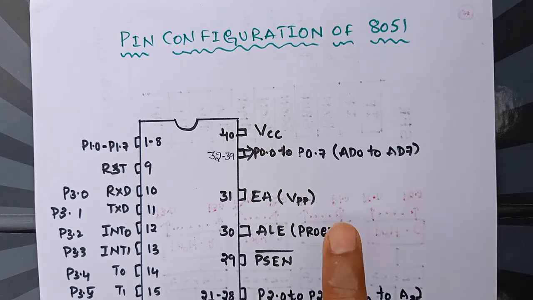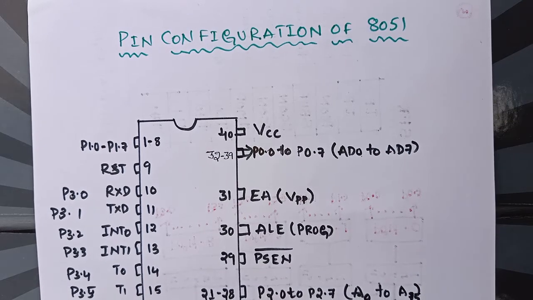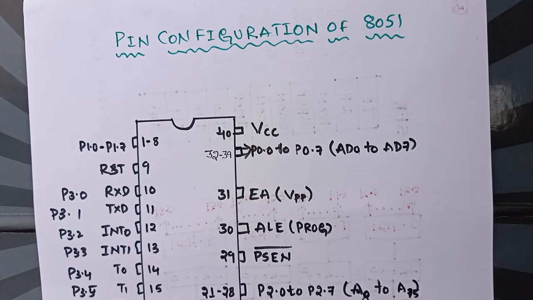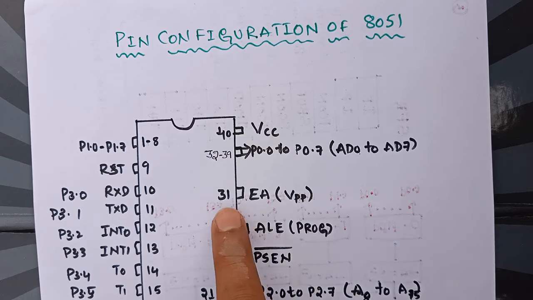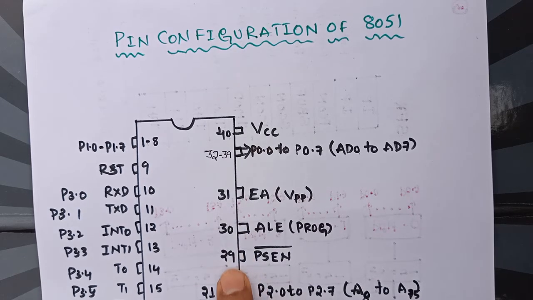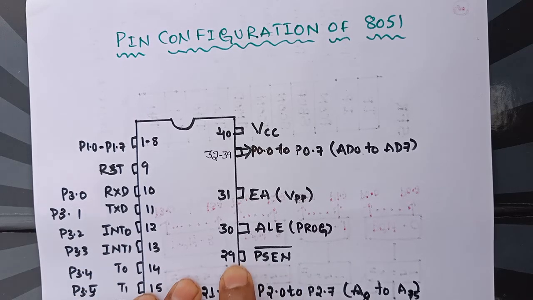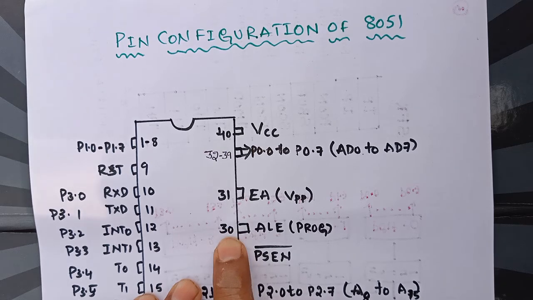At the same time, port 2, P2.0 to P2.7, is dedicated for communication of the higher order address lines, address line 8 to address line 15. It uses pin number 21 to 28. The remaining pins 31, 30 and 29: pin number 29 is the program store enable pin, and pin number 30 is address latch enable.